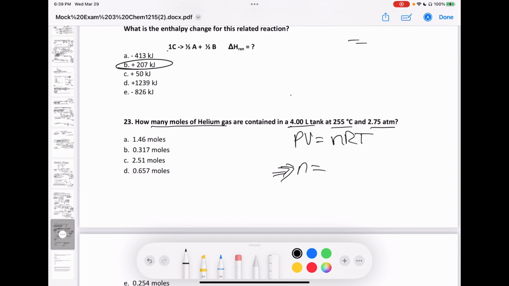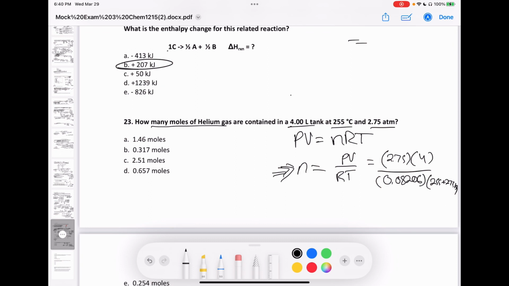So n is equal to PV over RT, which is a pressure of 2.75, a volume of 4, a universal gas constant of 0.08206. We're back to this one because we're using atmospheres again. And then a temperature of 255 plus 273.15. Remember, always convert to Kelvin. For pretty much everything you do, you don't have to do it for calorimetry because you're just measuring a temperature change, but even then it's still good practice to always use Kelvin because you'll use it for pretty much everything else.